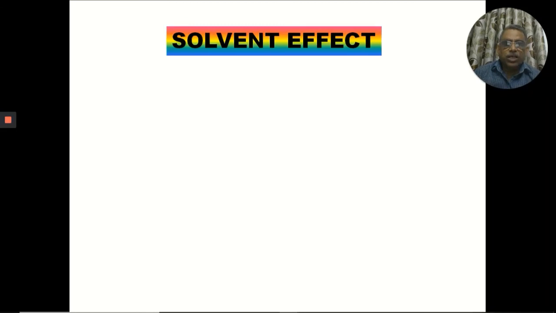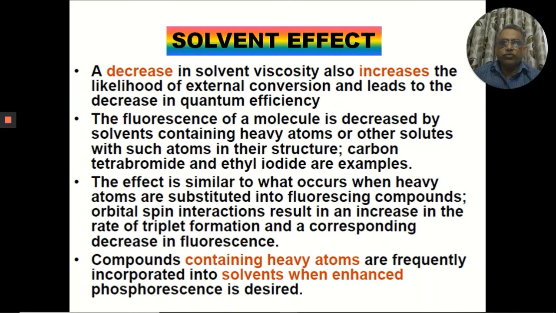The last external effect is the solvent effect. Solvent always changes the fluorescence behavior. The solvent has two parameters, one is the viscosity parameter and the other is the polarity parameter.